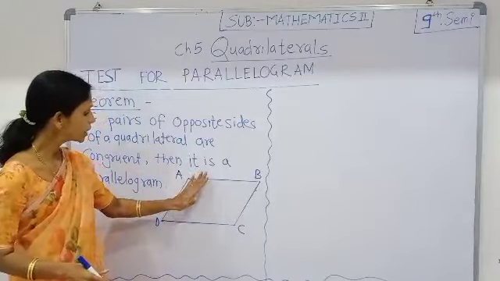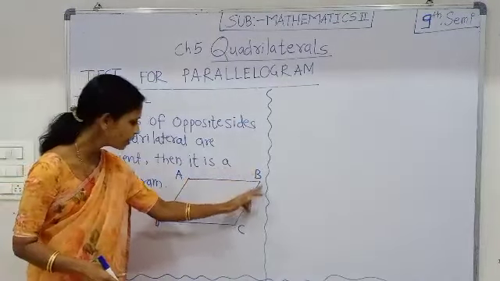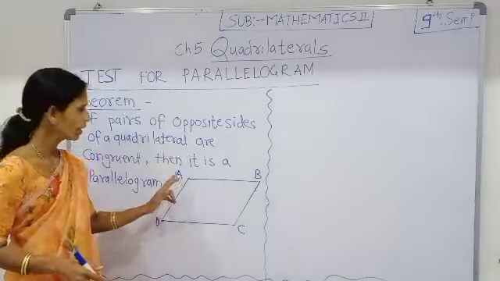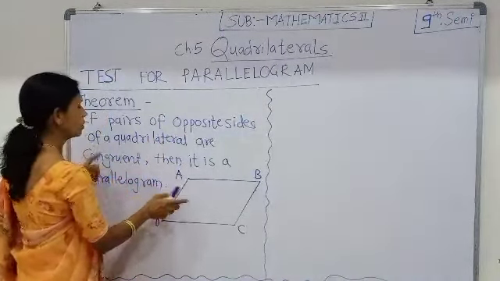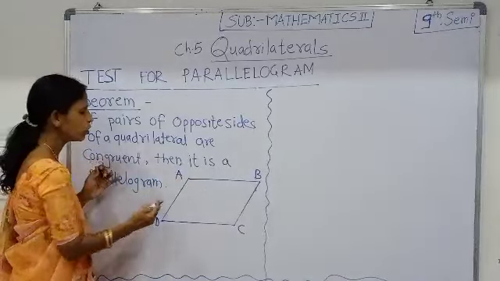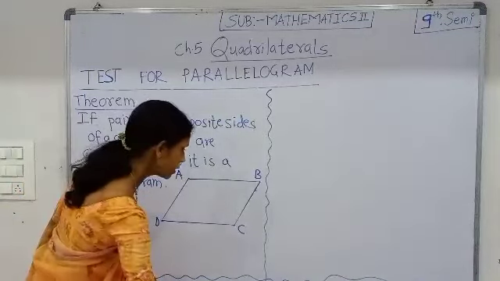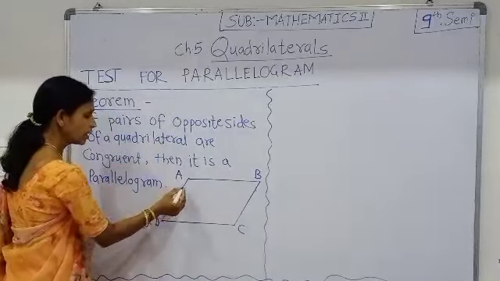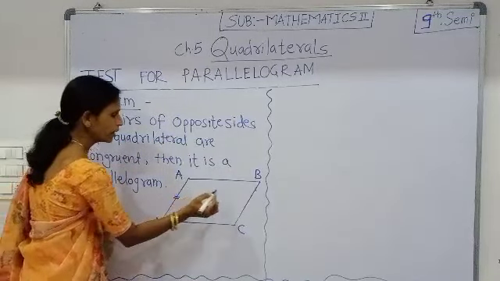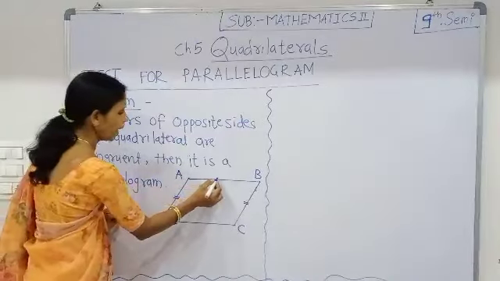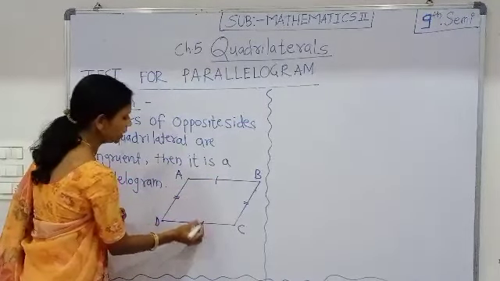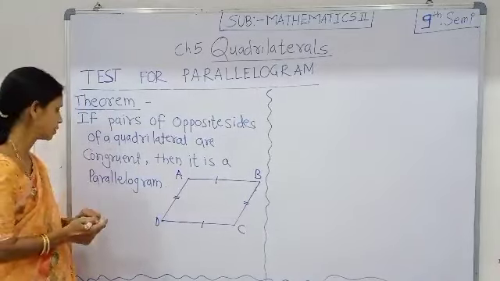That means, see here, quadrilateral ABCD is given, in which pairs of opposite sides are congruent. That means in this quadrilateral AD congruent BC is given, as well as AB congruent CD is given also.